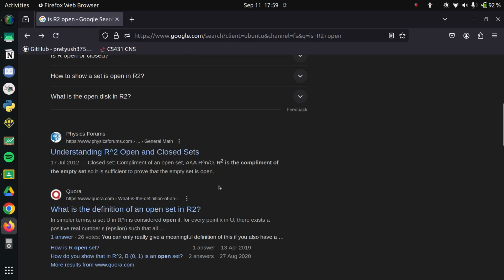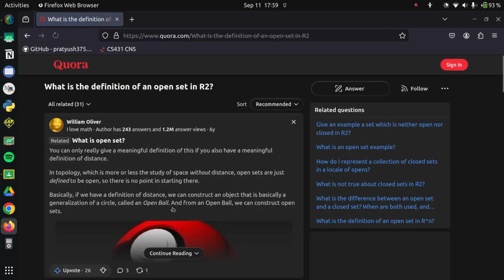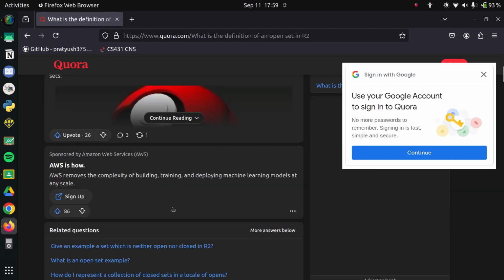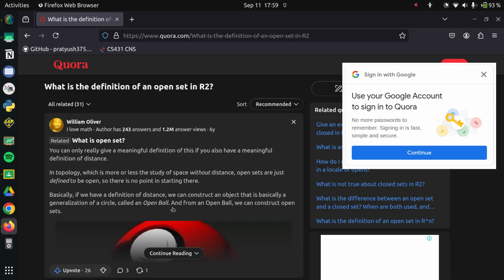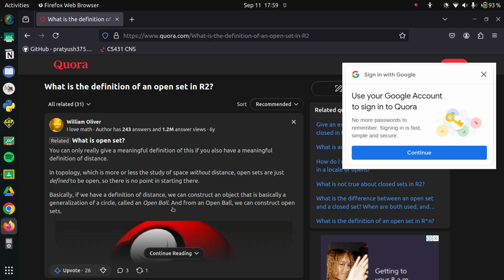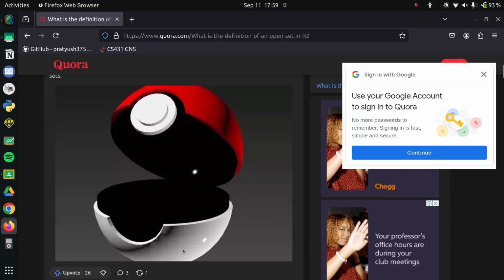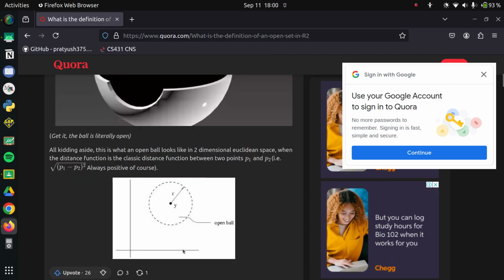Okay. What is the definition of an open set in R2? Okay, this is nice.